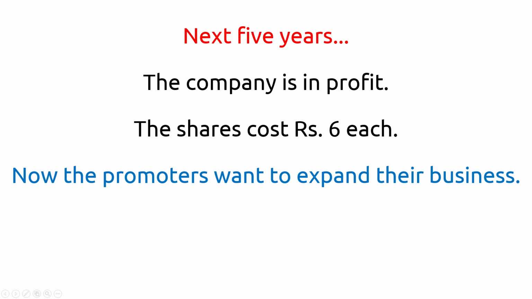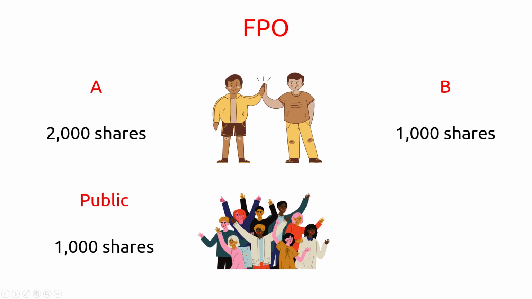So this process of a listed company, meaning one that is already listed on the stock exchange, issuing new shares to the public is called a follow on public offer or an FPO.